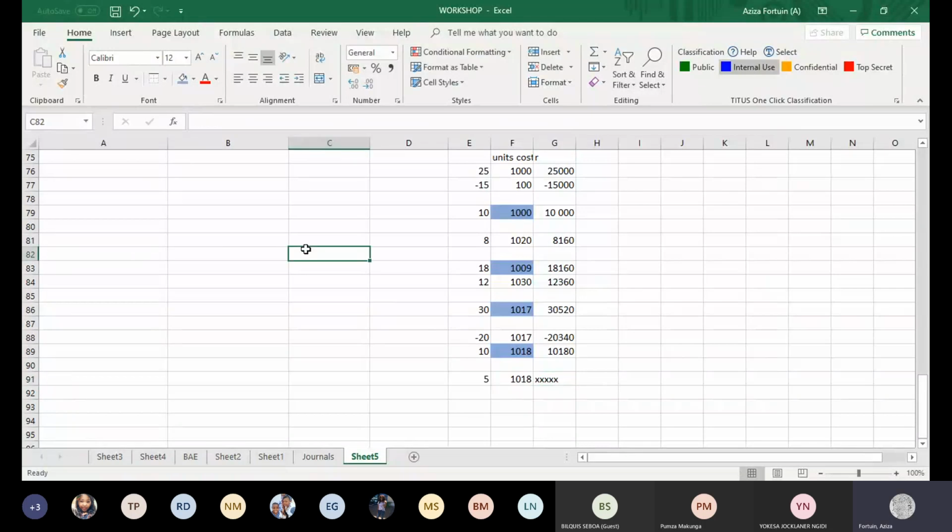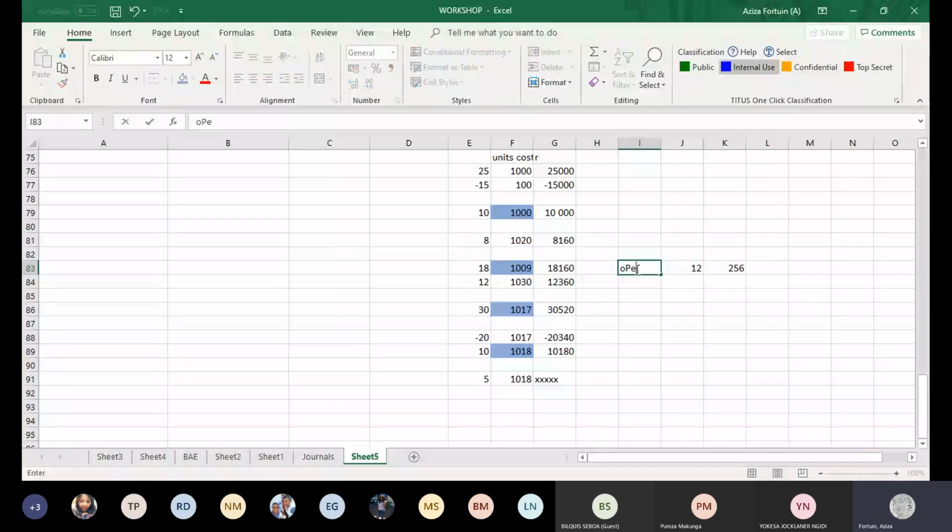So let's just see if you can do one. So if I have an opening inventory of 12 units at 256 Rand, right? Here comes our own examples again.